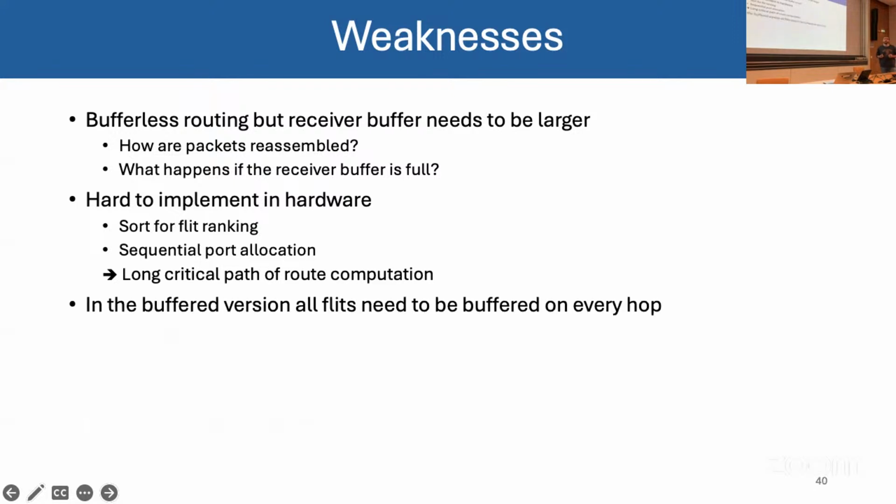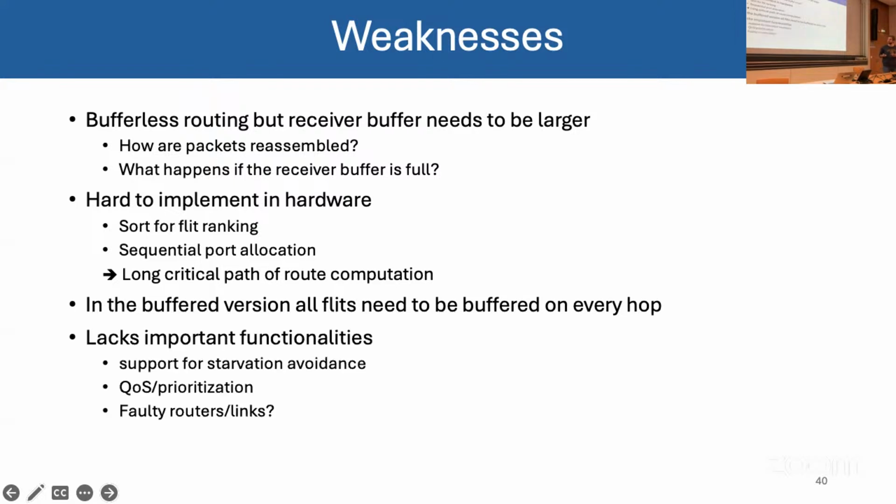Then in the buffered version, still all the incoming flits into a router have to be buffered, so there's not a big dynamic energy reduction there. So that's also a weakness, I'd say.